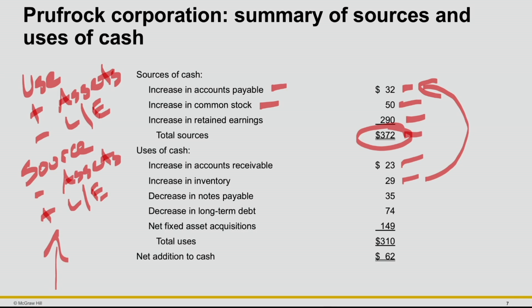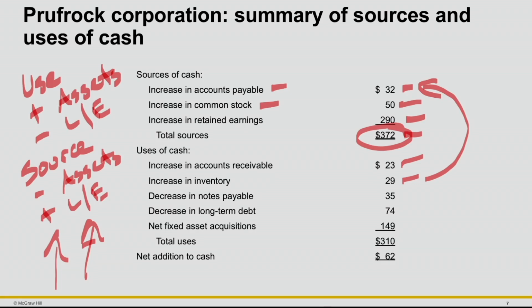By the way, to keep track with this little notation here, accounts receivable are on the left-hand side. That was an increase in an asset, so that would be a use of cash. An increase in inventory is also a current asset.